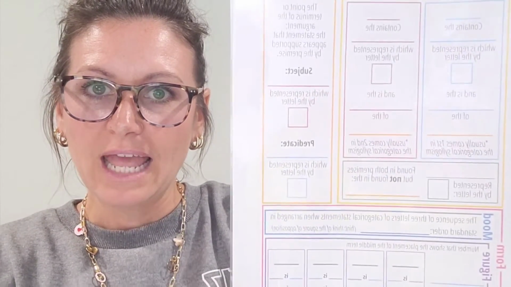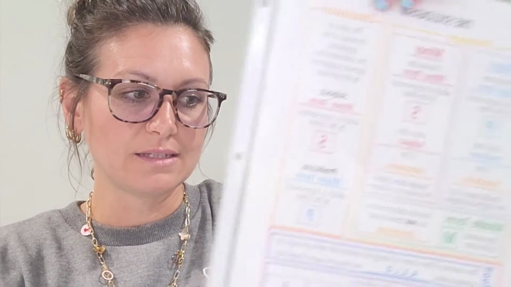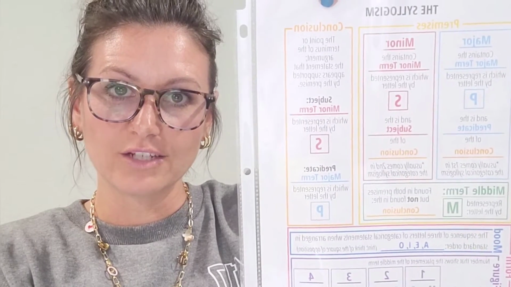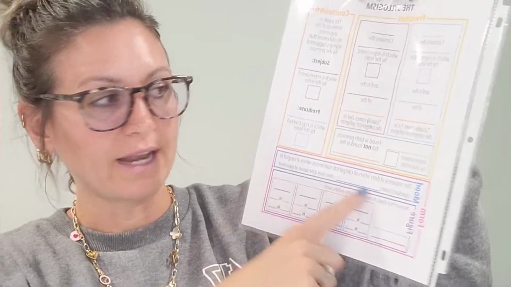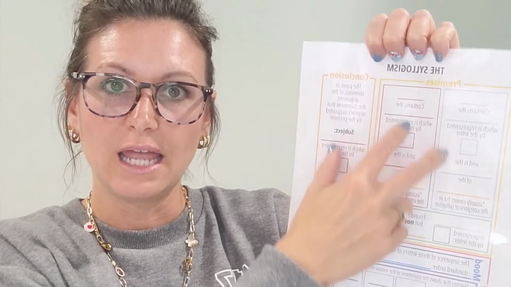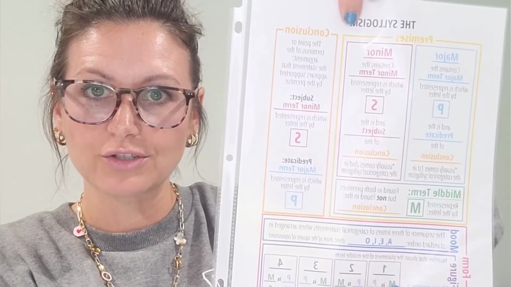The next one I have is called the syllogism, and we get into this at the end of introductory logic, and it's talking about the form, how to figure that out, and it's talking about the letters, the S, M, and P letters. So it's helping them to memorize what all those terms are.